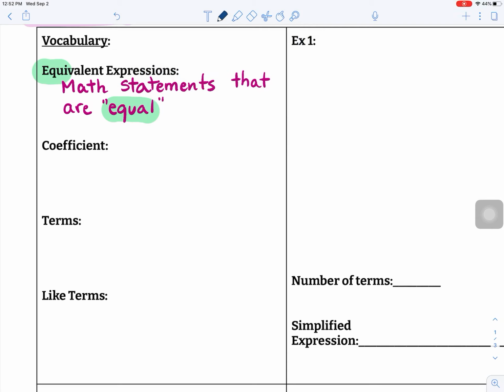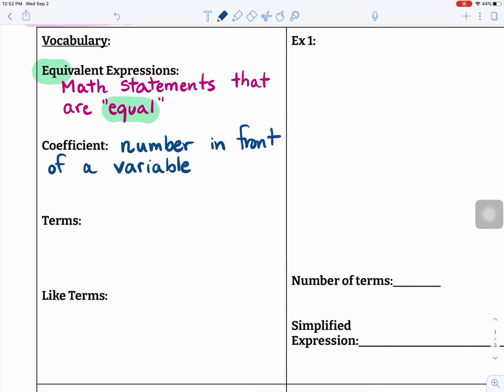Now, the next vocabulary word we have to define is really just a word to make sure that we all know what we're talking about, because we're going to use this a lot this school year. A coefficient is simply a number in front of a variable. And if you forgot what a variable is, I want to remind you that those would be like the letters in our math.